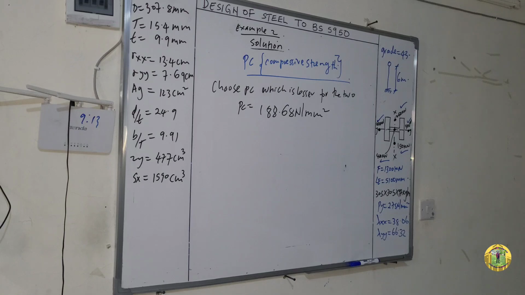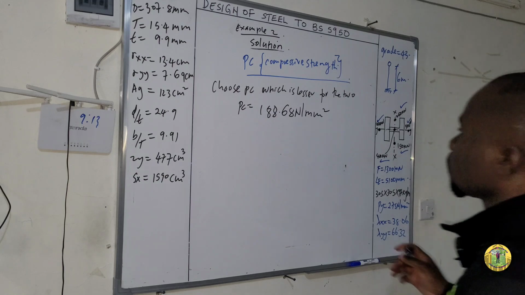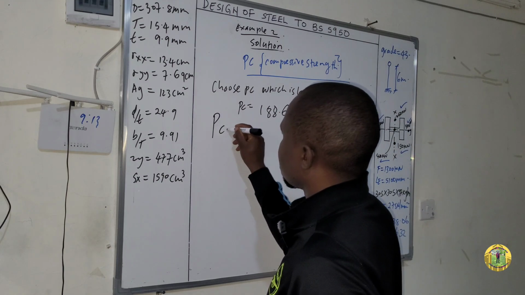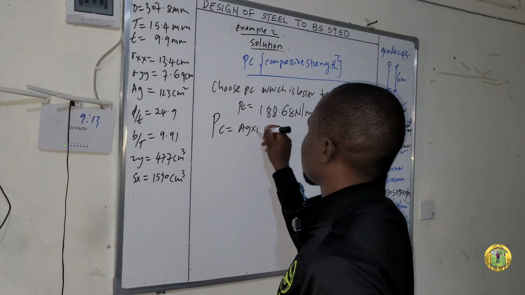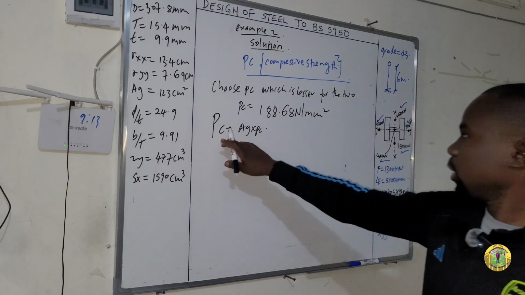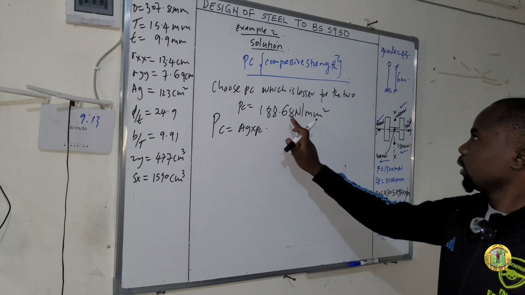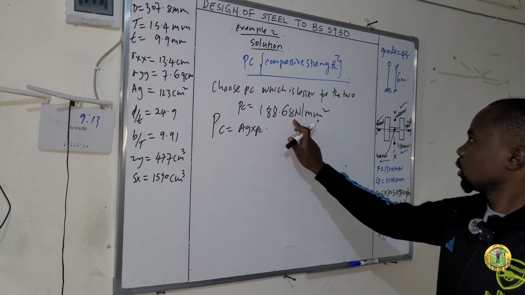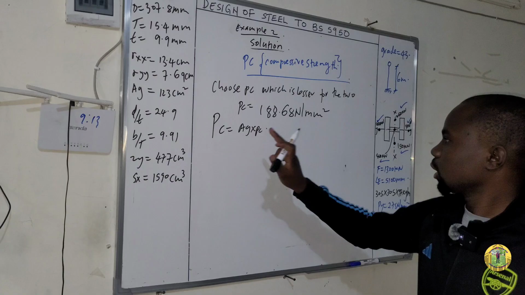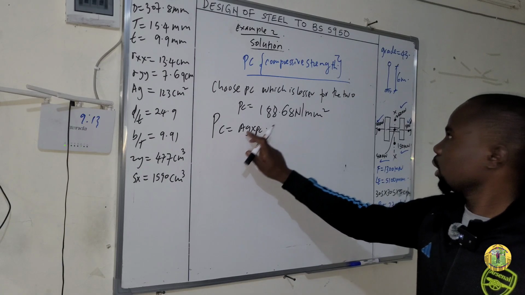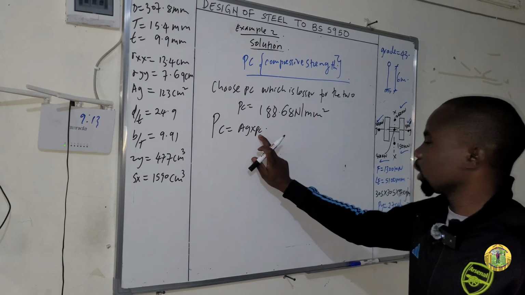The compressive strength is given by this formula, whereby this is the compressive resistance, the cross-section area, and the compressive strength.